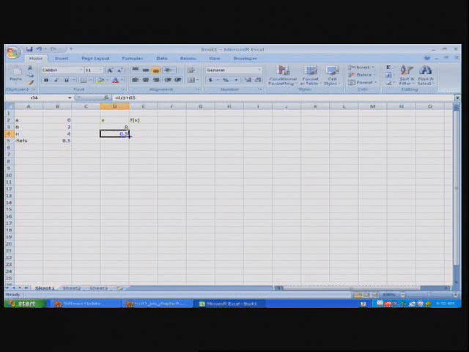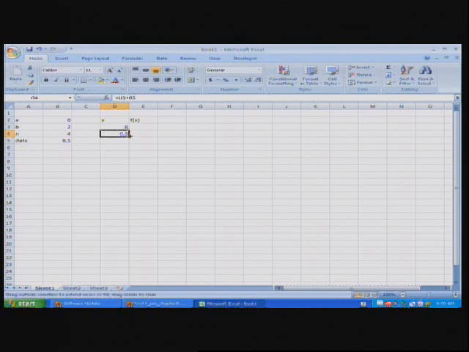Now, it should recognize the pattern. Do y'all see how you have choices in your cursor? Looking at my cursor, do you see how it's a big fat plus sign? But if you move it really close to that corner, it becomes, I call it mama, and it's a little skinnier. See how it's skinnier?